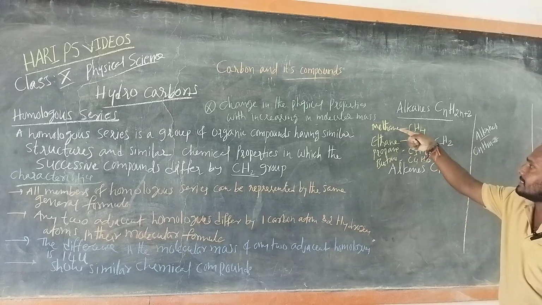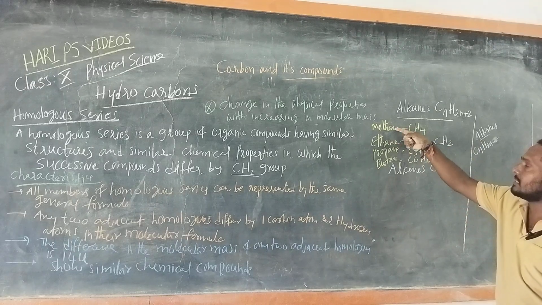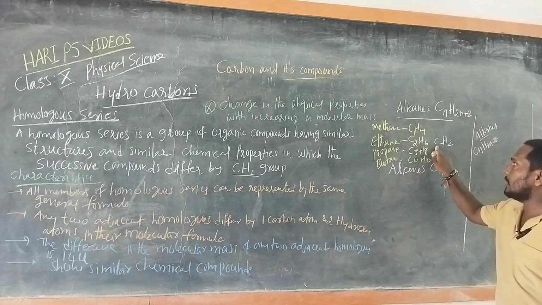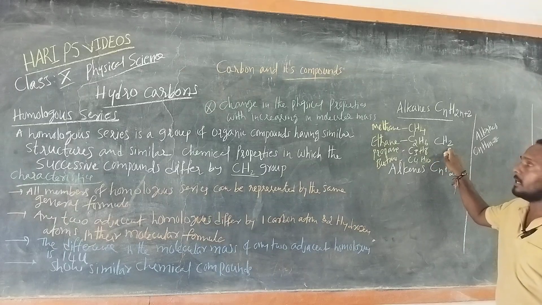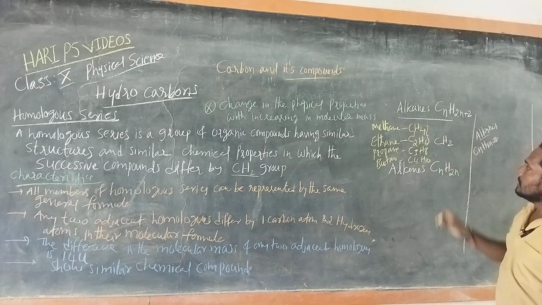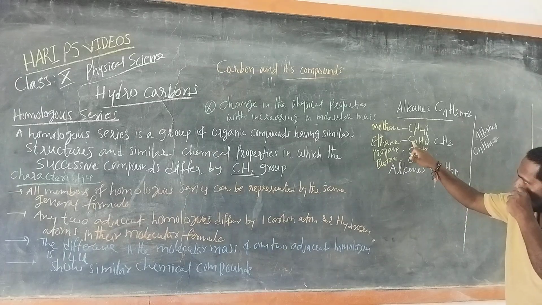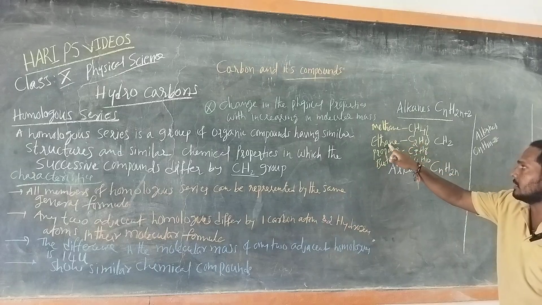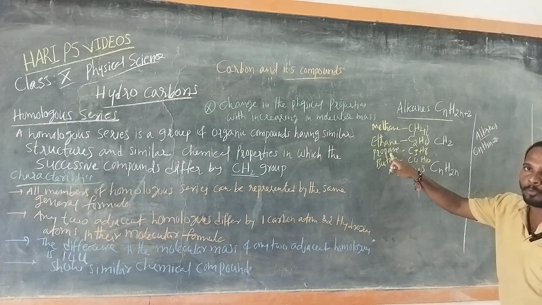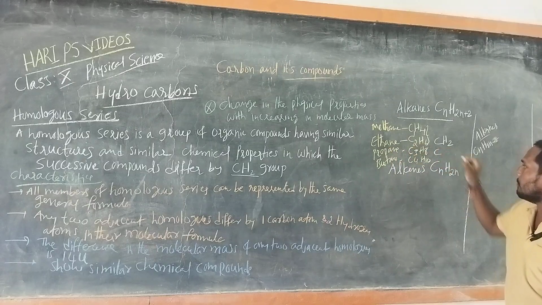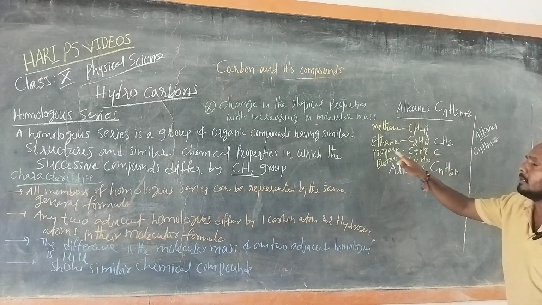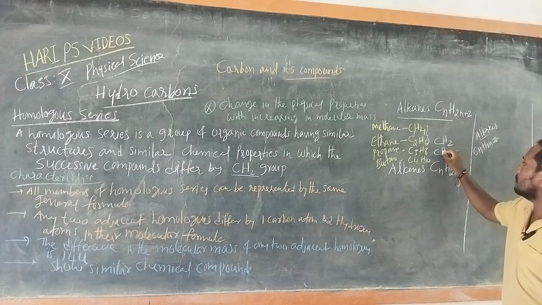So two adjacent organic compounds differ by one carbon atom and 2 hydrogen atoms. Similarly, 2 carbon atoms in ethane, 3 carbon atoms in propane, a difference of 1 carbon. 6 hydrogens in ethane, 8 hydrogens in propane, a difference of 2 hydrogens.